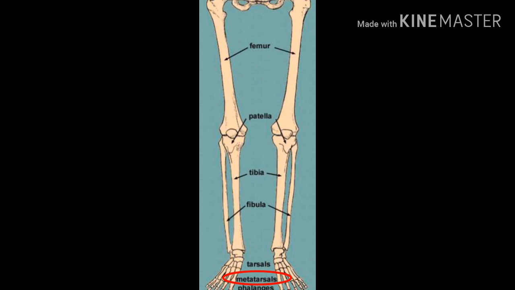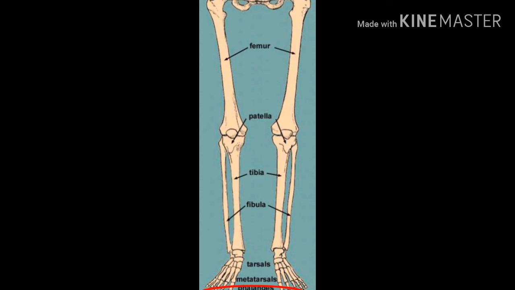These are numbered 1 to 5, beginning with the medial or the great toe side of the foot. The arrangement of metatarsals is more parallel than that of the metacarpals of the hands. Phalanges or toes.